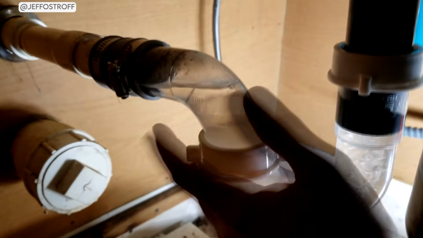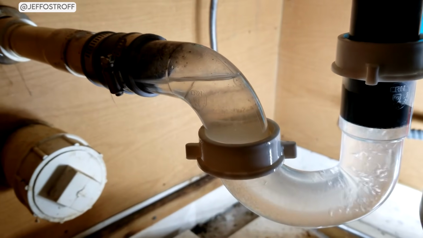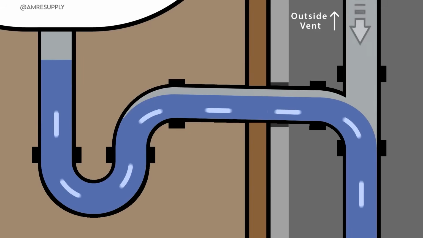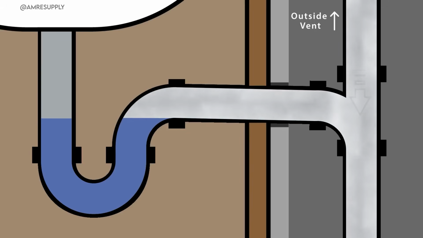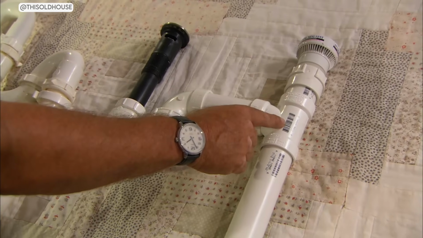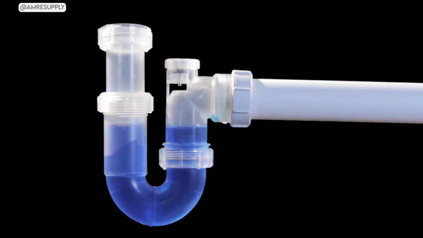The eighth point on our list is the role of venting in preventing siphon, and this is where the full picture comes together. Even a P-trap needs proper venting to work correctly. The vent pipe allows air to enter the drain system behind the flowing water, which equalizes the pressure and prevents any suction from building up.